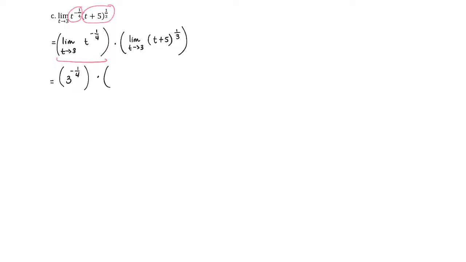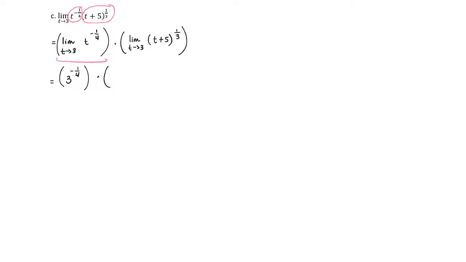And then the one on the right here, we know that one of the properties says that we can bring the limit inside of the exponent. So we can bring that limit and apply it to t plus 5. So again, let's follow formality here.